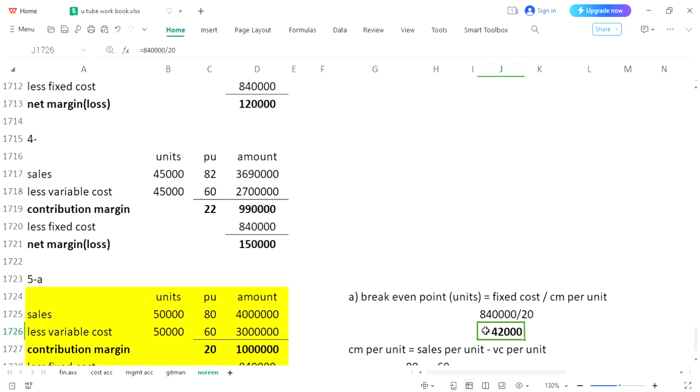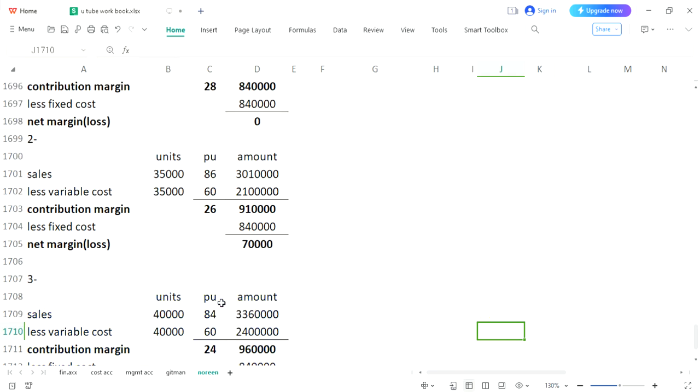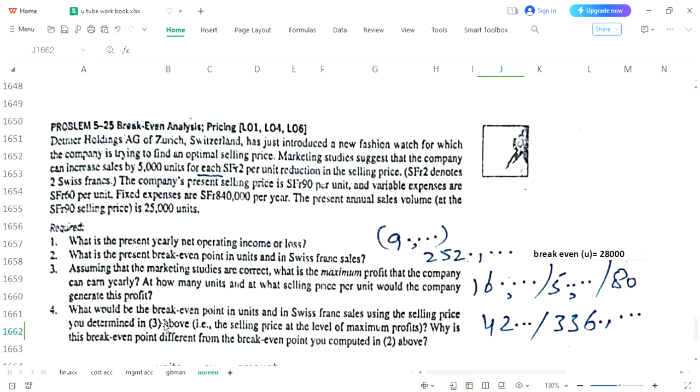So you can write just a single sentence: due to change in selling price, break-even points would be different. This was the question which was asked: why is break-even point different? So the answer is, when you change your sale price per unit, break-even point would change.